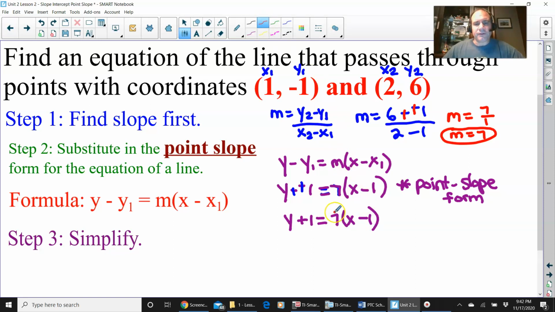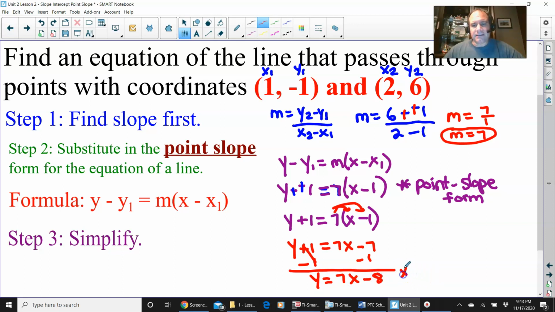And we're going to go further. Distribute. y plus 1 equals 7x minus 7. Then you subtract the 1 from both sides, and you get the equation of the line y equals 7x minus 8.